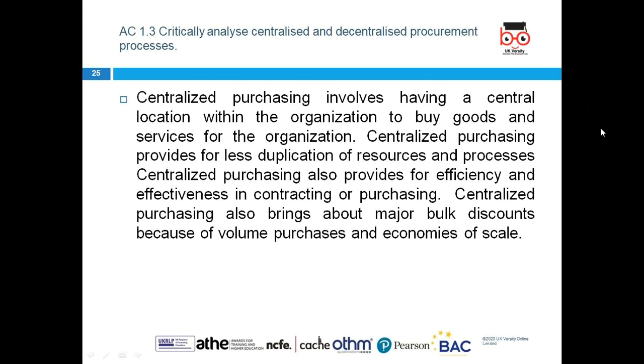It provides less duplication of resources and processes, and also provides efficiencies and effectiveness in the contracting of the purchase. It also brings about major bulk discounts because of the volume. If we decentralize, maybe there is a problem with economies of scale.